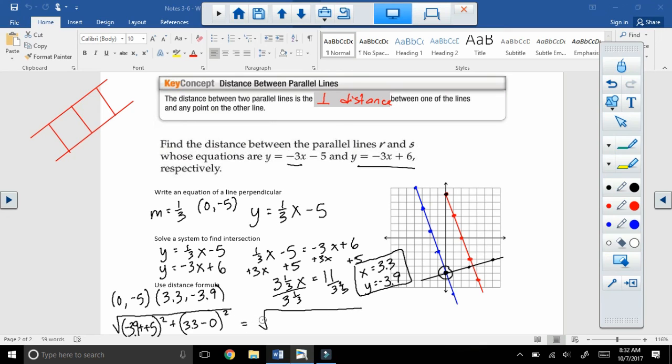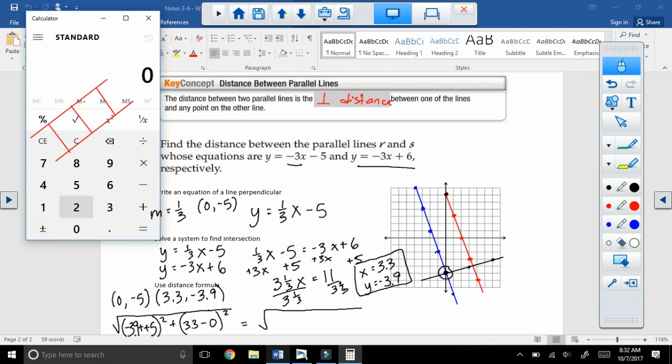I have my calculator here. Actually, I'll pull that up. Okay, so we have negative 3.9 plus 5. This takes a little while to do. I need to push equals in between. I'm going to square 1.1.